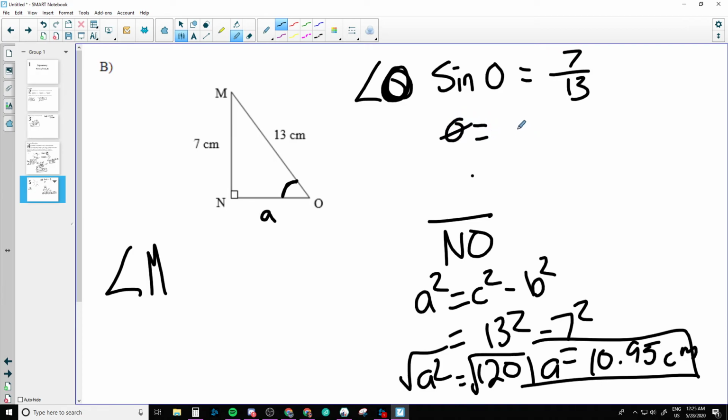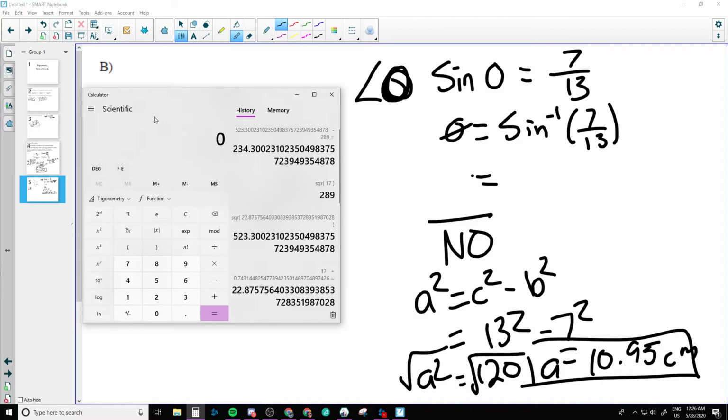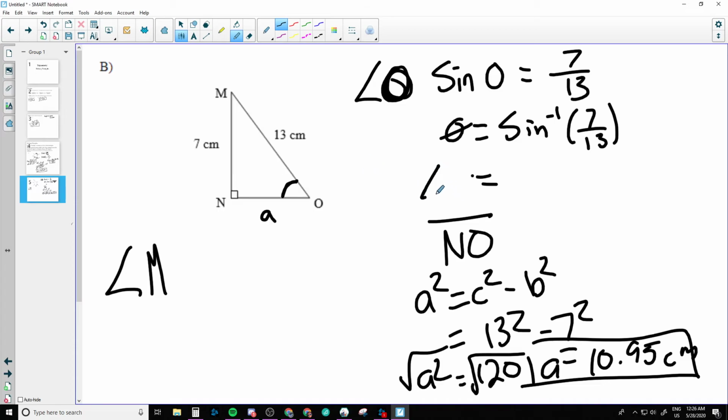So theta equals sine inverse of 7 over 13. We go back to our scientific calculator over here, 7 over 13, and we need the second function of sine. That tells us that angle O is 33 degrees.